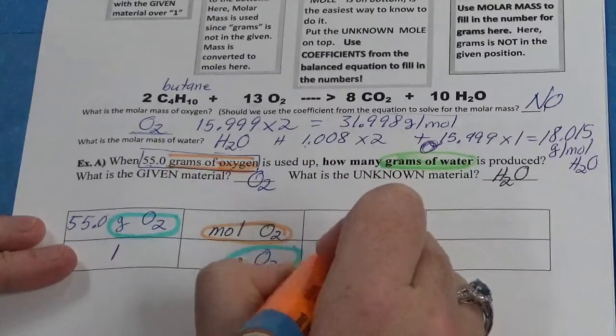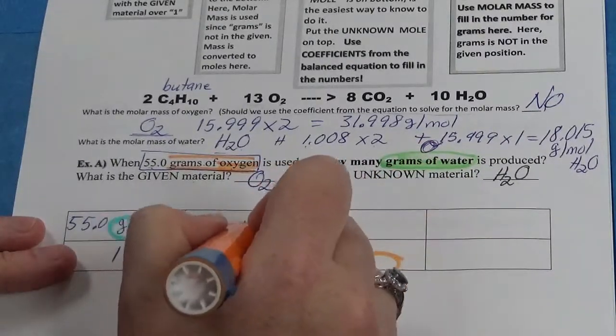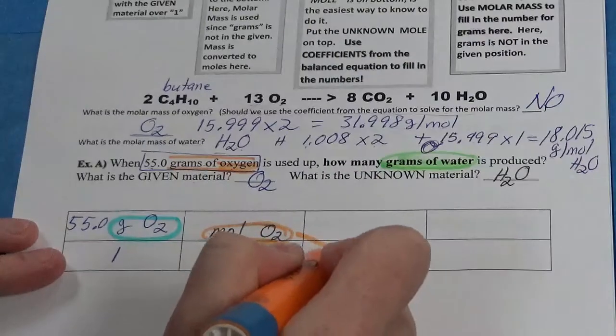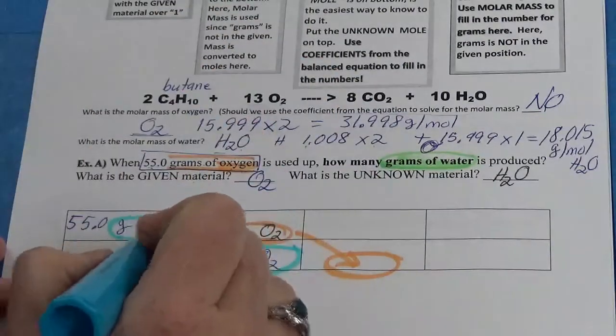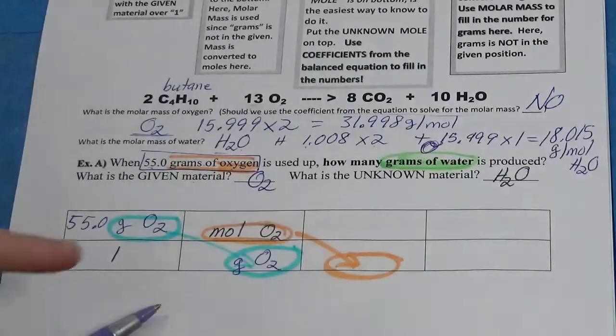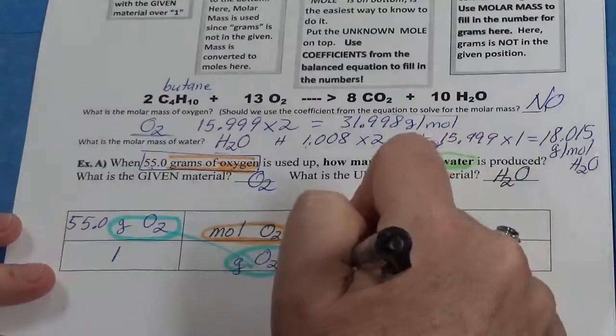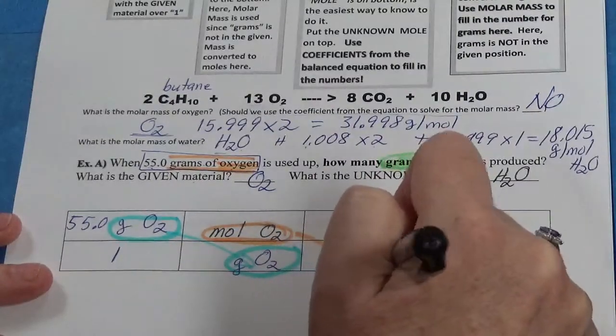And again, when we want to cancel something, we copy it to the bottom of the next column. It's like you threw it away down there. So blue got thrown away down here, it canceled. And now the orange, the moles of oxygen, we're going to copy moles of oxygen, and it gets canceled here.